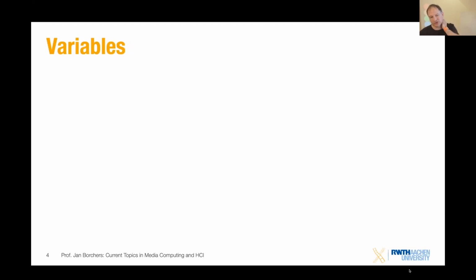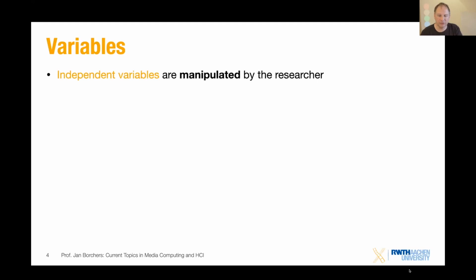Now, there are a couple of different kinds of variables. We know that there are independent variables. The name is confusing, right? Don't get confused by this. The name independent doesn't mean that it changes by itself. In fact, the independent variable is the one that you, as the researcher, actually manipulate, that you change consciously.